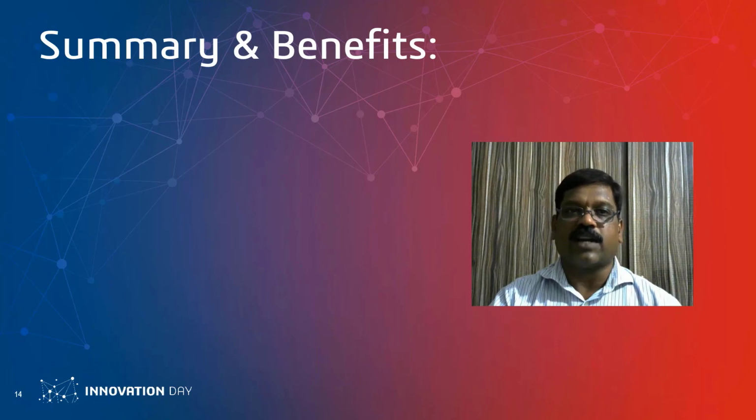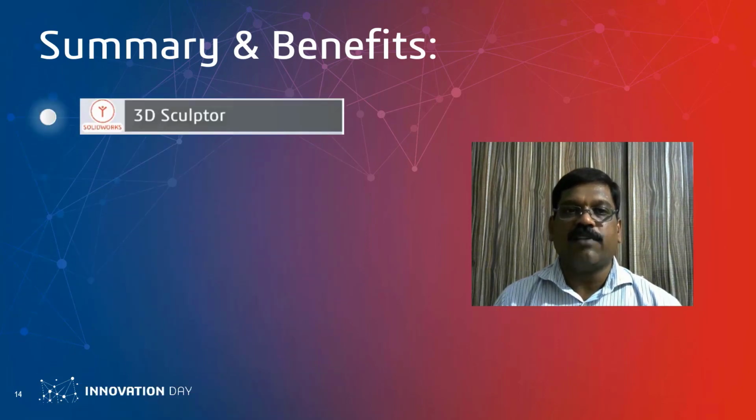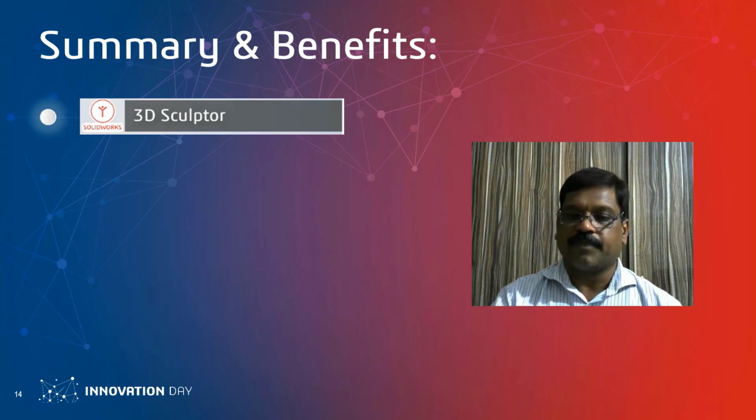Okay, just to summarize on the demonstration. So here I started with a simple sketch. I have used the 3D Sculptor role, which is having the X-shape app. So the X-shape app benefits in creating your organic shapes, and I can say it is a kind of advanced surface modeling.